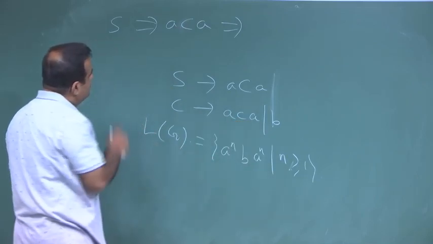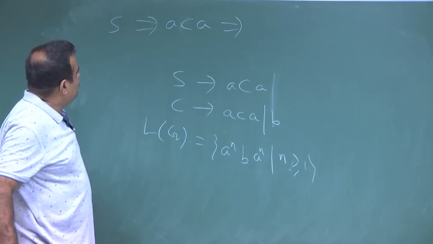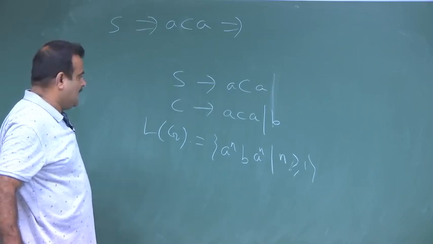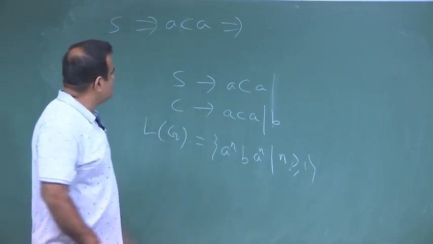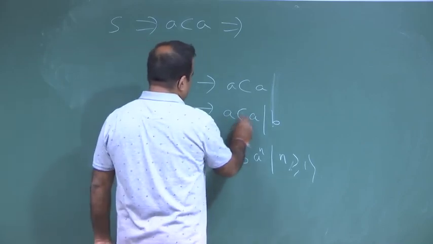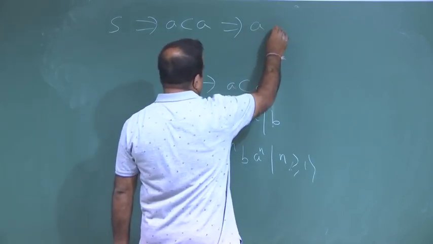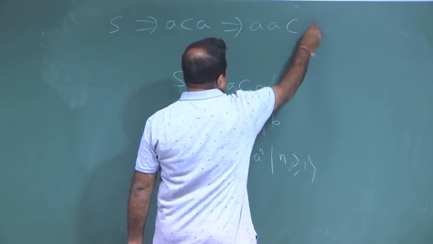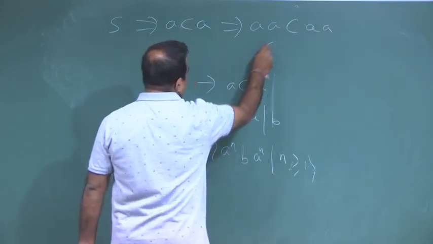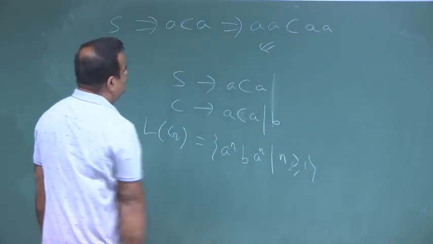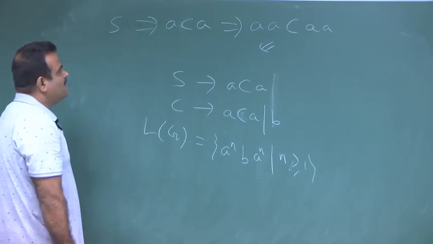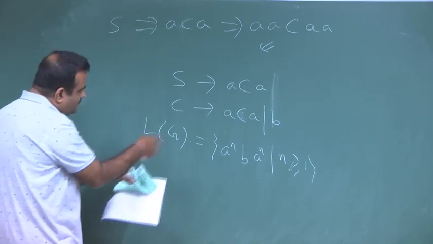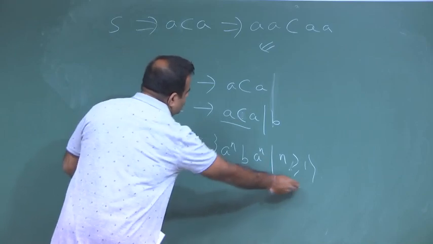If you go to B, then it will give us A B A, or if we again apply this, then it is capital C, then it will be A C A. So, again if we apply B, then it will give us A square B A square. Otherwise, if we apply this again, eventually it will be of this form.